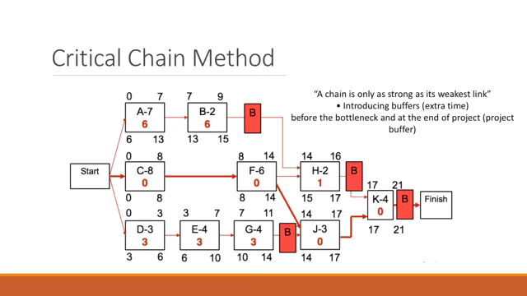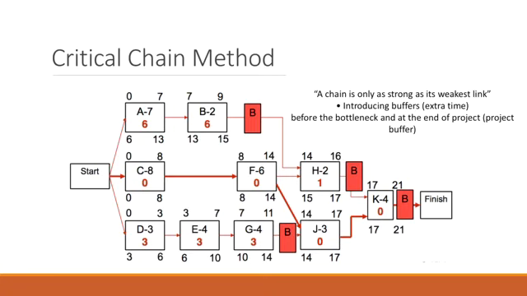The moment that I get to that earlier date and it's not met by the person that was completing G4, I still have a feeding buffer of a couple days, I guess, so that even if the person completing G4 is taking longer, it's not going to affect directly what J3 is going to take.